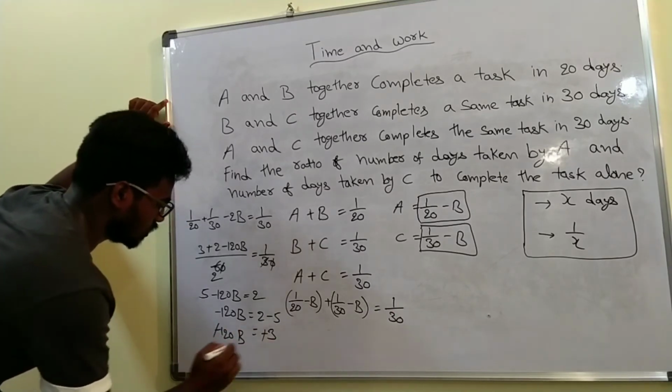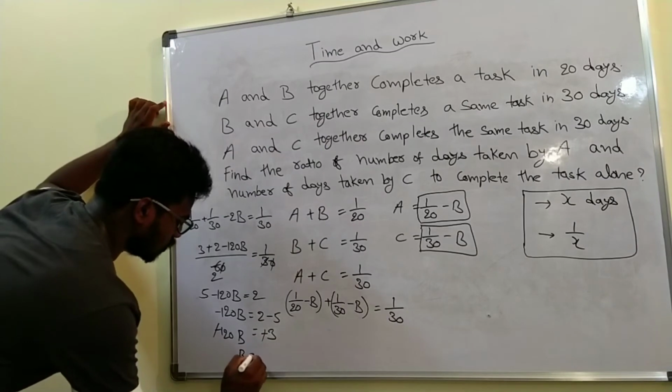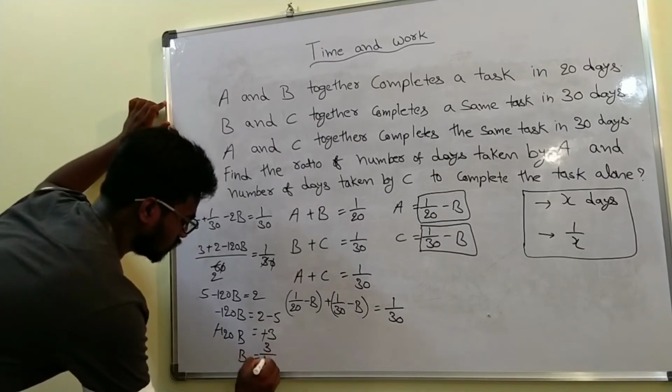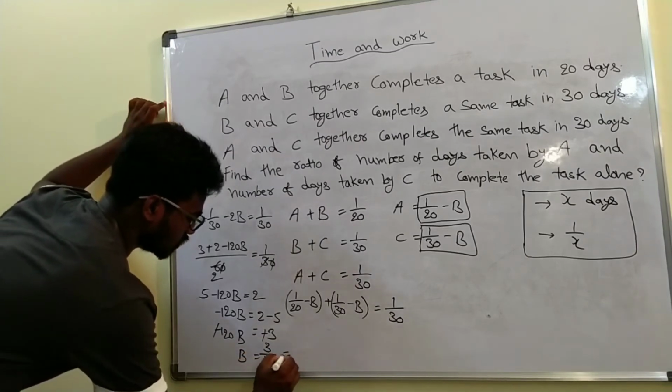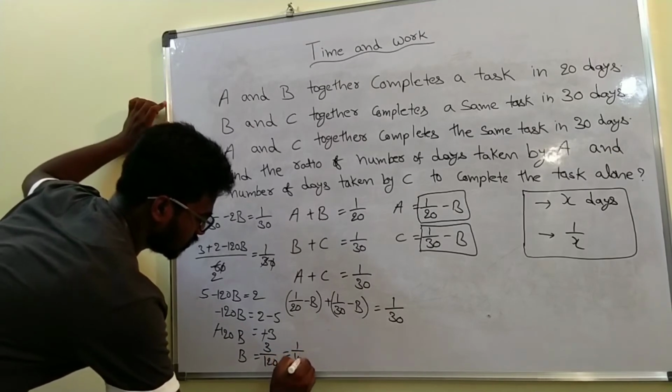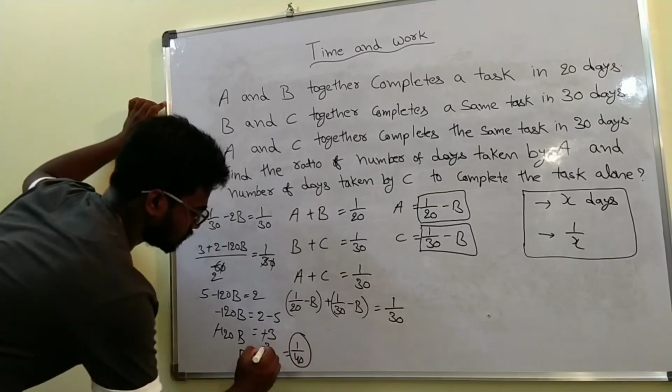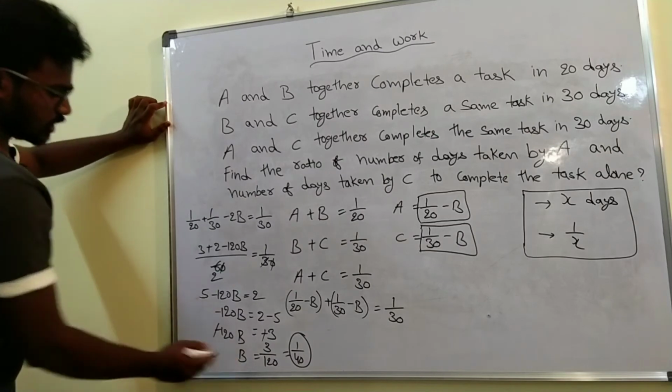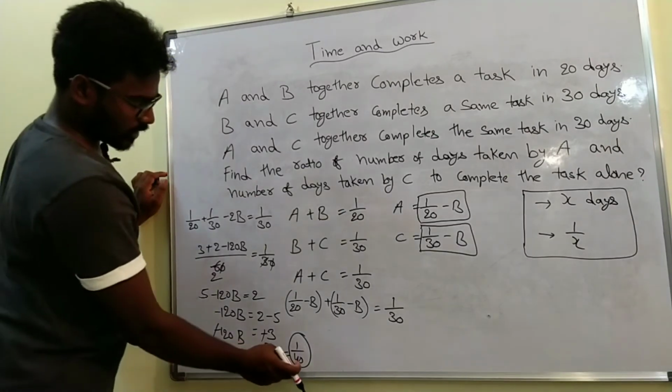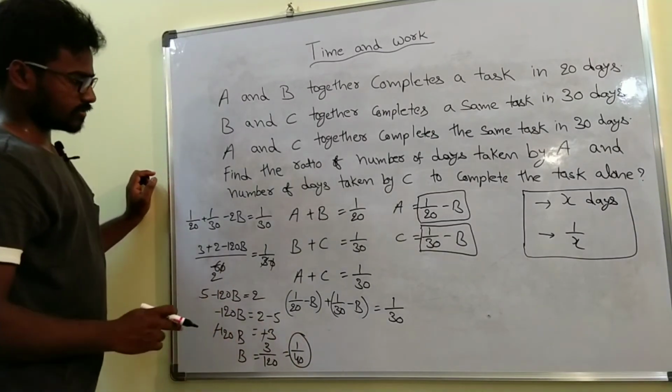The minus signs cancel, and B equals 3 by 120, that is 1 by 40. So B can do 1 by 40th of the work in one day.